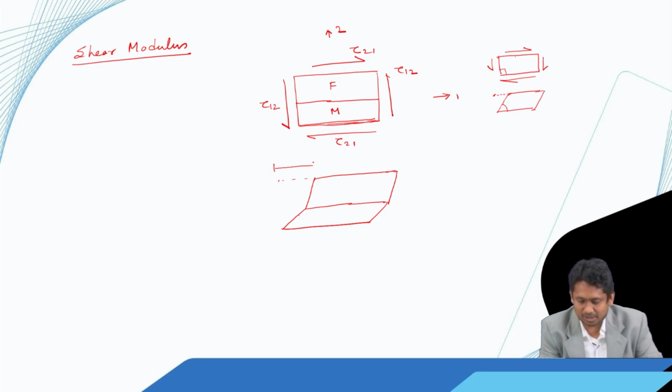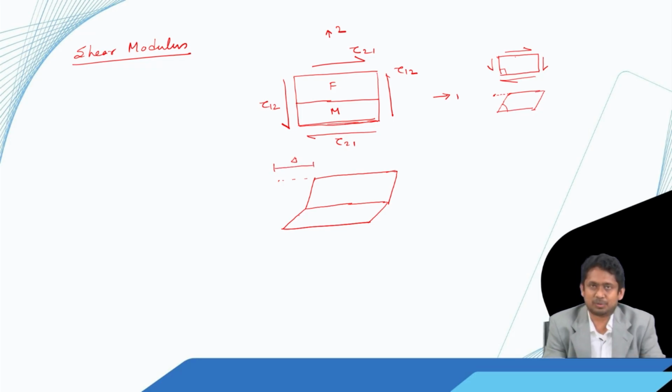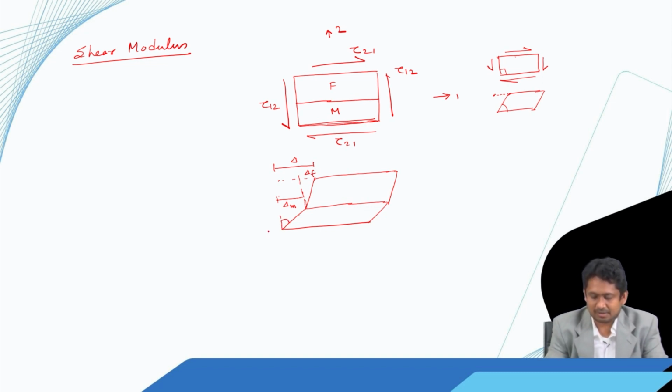That is the total delta due to shear, and again it can be broken into two components, a delta due to shear in the matrix and a delta due to shear in the fiber. We can call them delta m and delta f, and this angle is the shear strain in the matrix and this angle is the shear strain in the fiber.